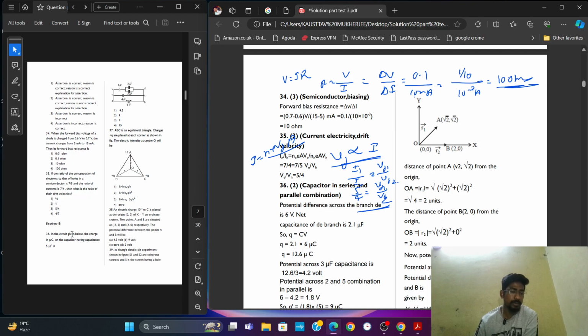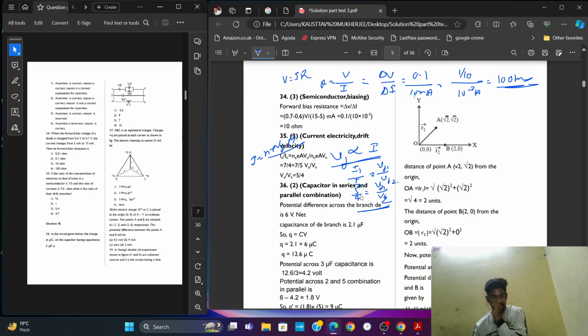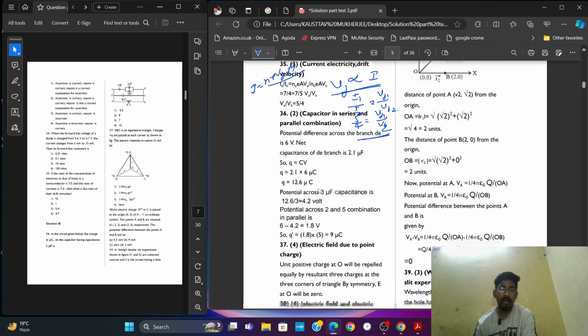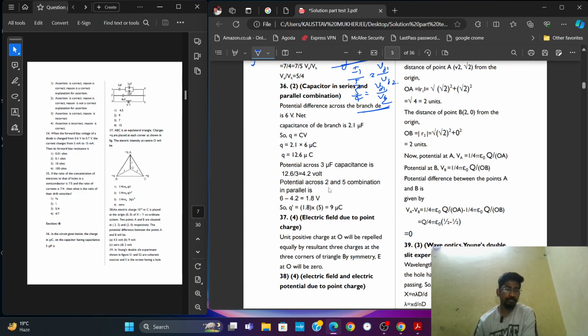Next question. In the circuit given below, the charge in microcoulomb. Okay, the capacitor having capacitance 5 microfarad. EMF is given as 6 volt, right? The total potential is given as 6 volt. We know the formula that Q equals CV, right?